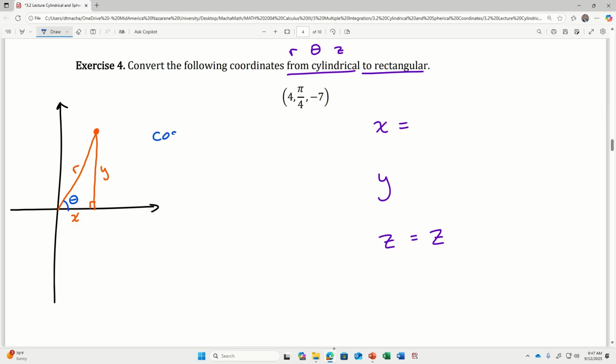then cosine of theta would be what? X over r. And what would sine of theta be?